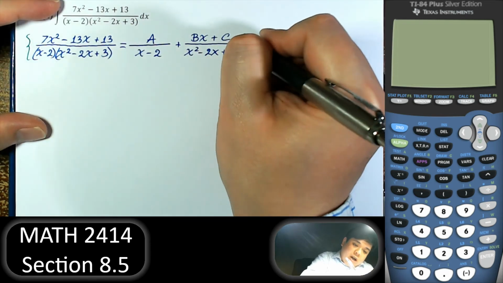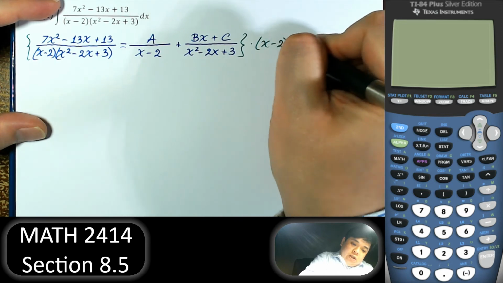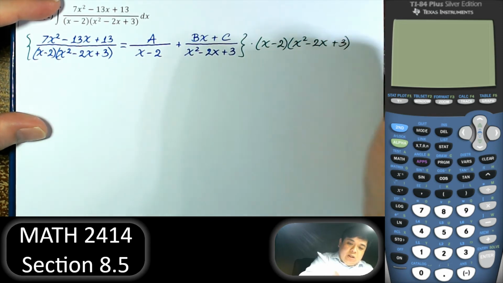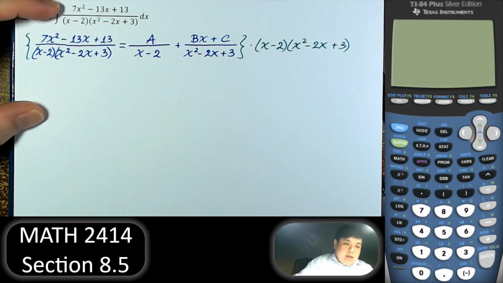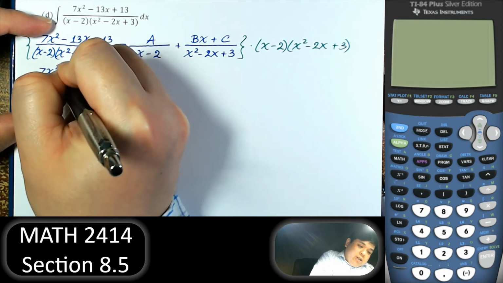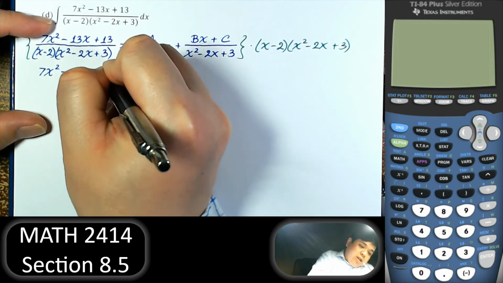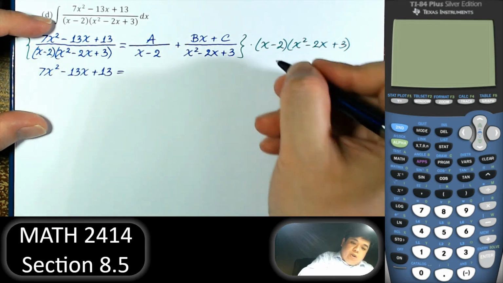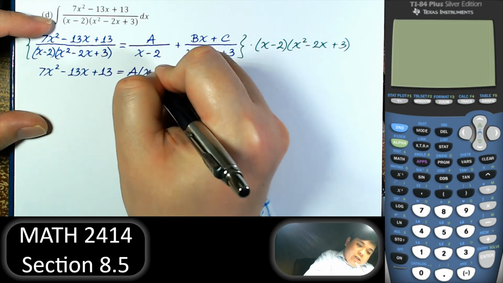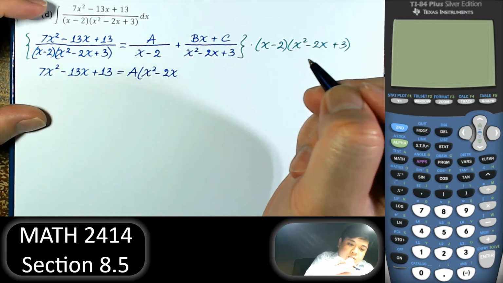Multiply top and bottom by the least common denominator of x minus 2, x squared minus 2x plus 3. 7x squared minus 13x plus 13 equal to, x minus 2 cancels out, we have x squared minus 2x plus 3.